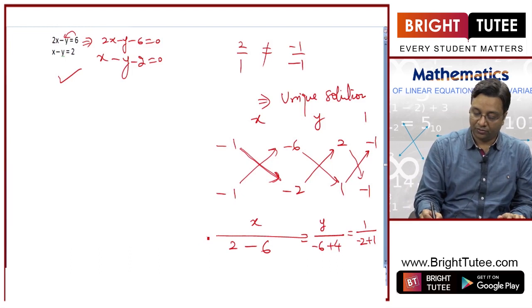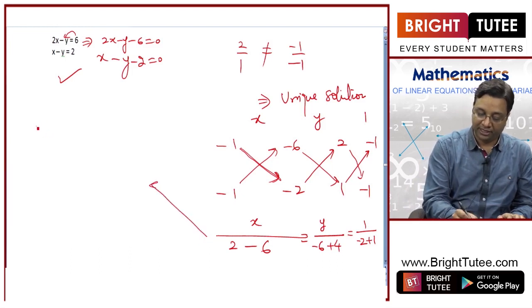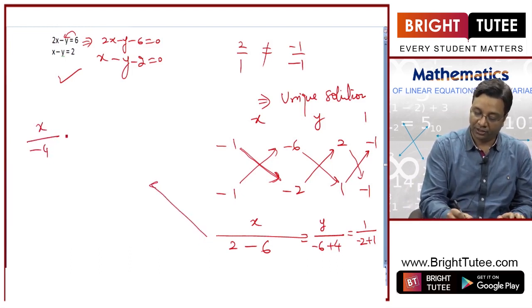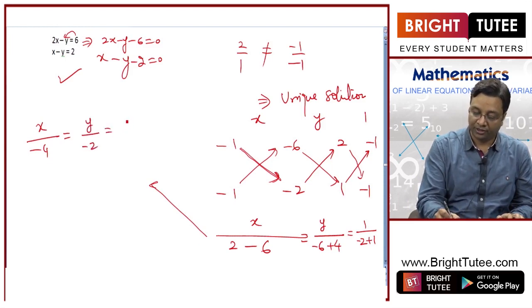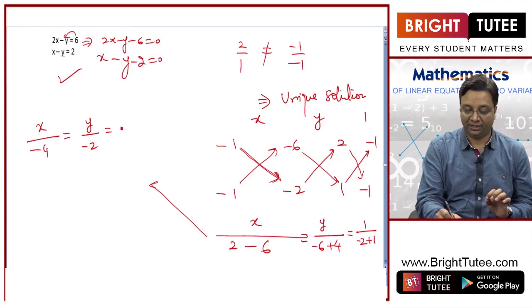So what equality did you get from here? x divided by minus 4 is equal to y divided by minus 2 is equal to 1 divided by minus 1, that is minus 1.